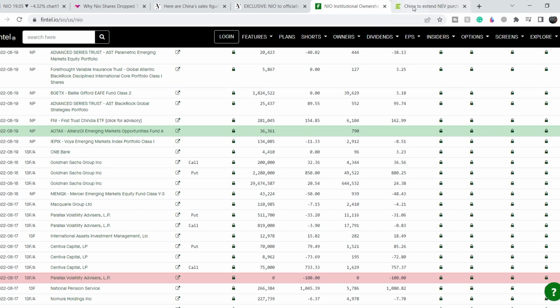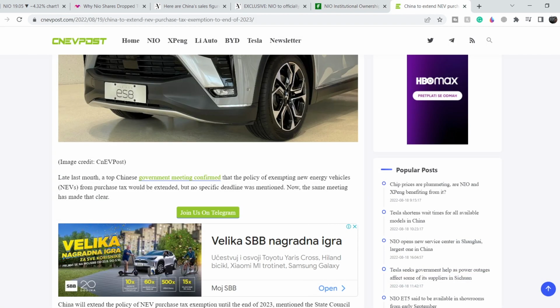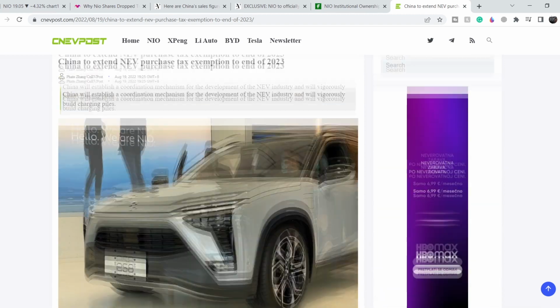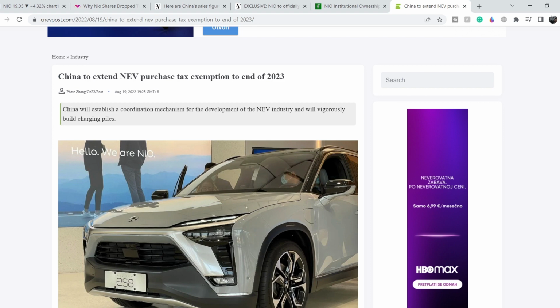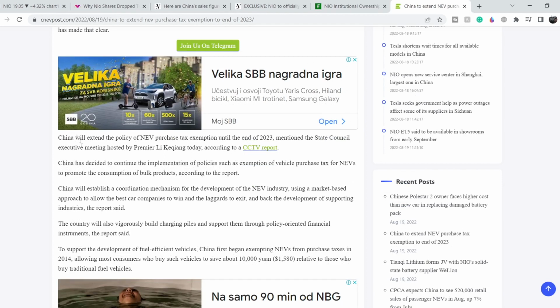On top of that, let me show you another major catalyst that might drive the price not only for NIO, but for the entire EV industry in China. On August 19th, we have this article on cnevpost.com, and it's titled "China to extend an EV purchase tax exemption to end of 2023." And let me quote this.